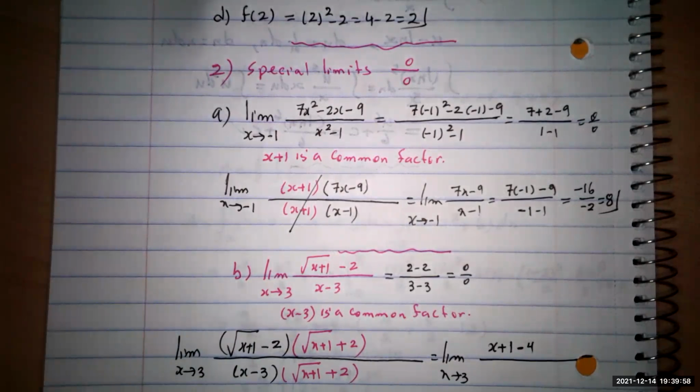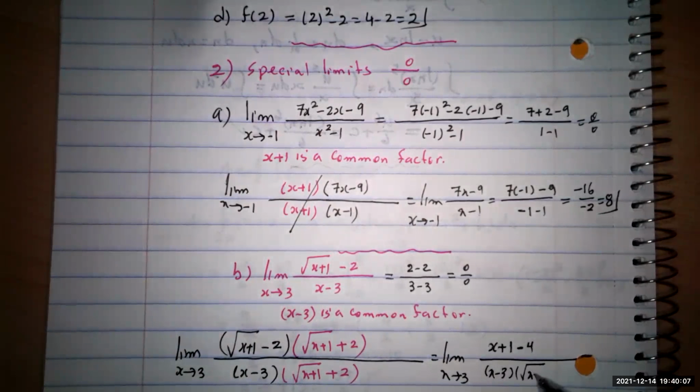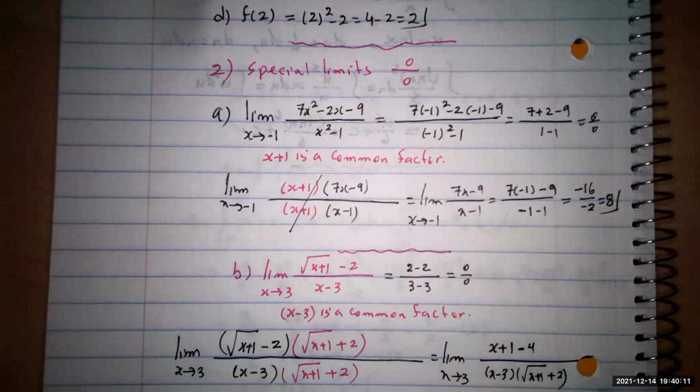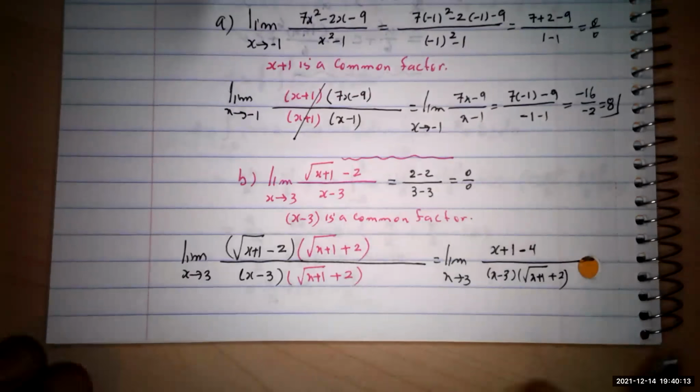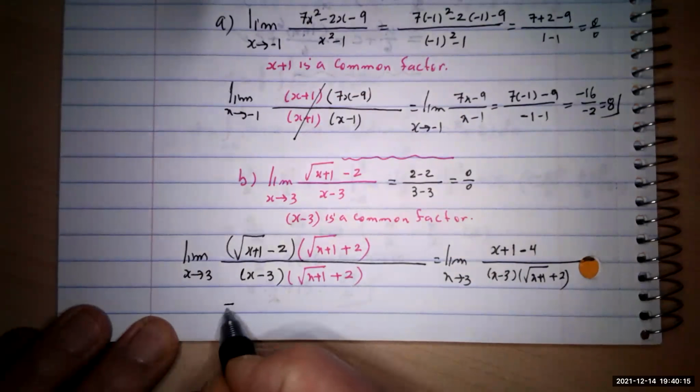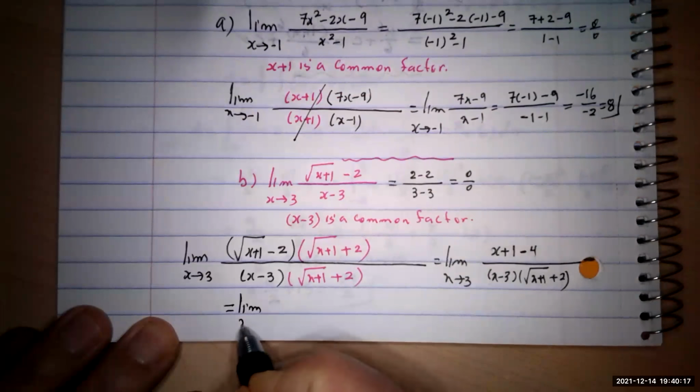Remember, a squared minus b squared. The bottom one, you keep it as is. Don't change it, because this should help you to simplify it. Now the top, x plus 1 minus 4 would be x minus 3. That's how you get that common factor on the top. So limit as x goes to 3.